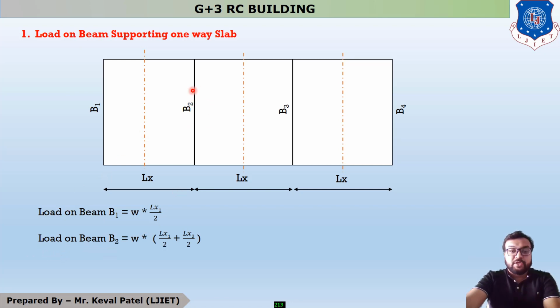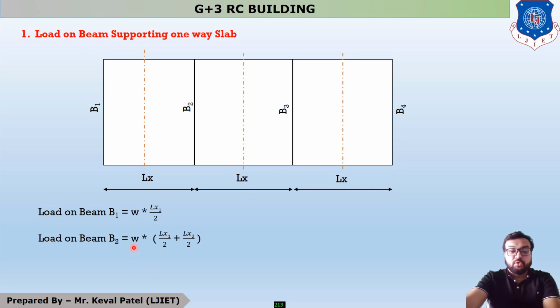Now the load on beam B2. You can see that this is B2. Half of the load is coming from this slab and half of the load is coming from this slab. So the total load on beam B2 is W into (Lx1 by 2 plus Lx2 by 2). Students, this is case number 1, the load on a beam supporting one-way slab. But if all these lengths are the same, say this is 3 meter, this is 3 meter and this is 3 meter, then how much load is coming on beam B2?